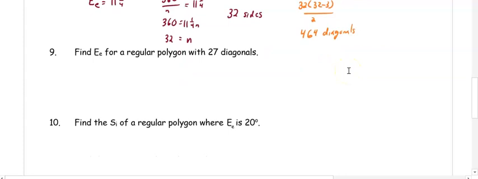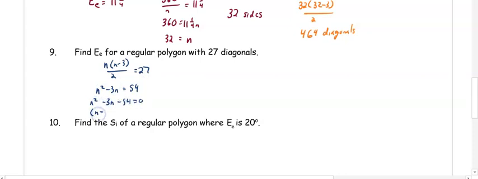Number 9, find each exterior angle for a regular polygon with 27 diagonals. So first we need to figure out how many sides we have. So we have n times n minus 3 over 2 equals 27. n squared minus 3n equals 54. n squared minus 3n minus 54 equals 0.